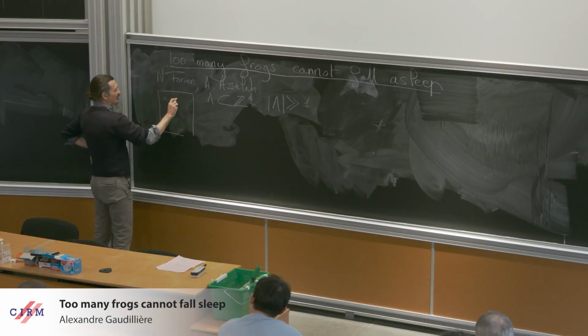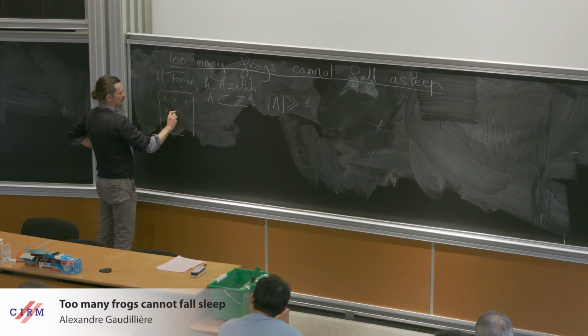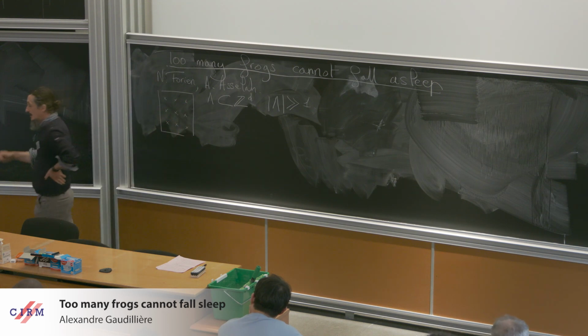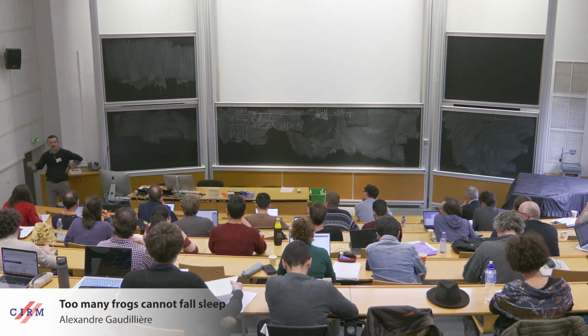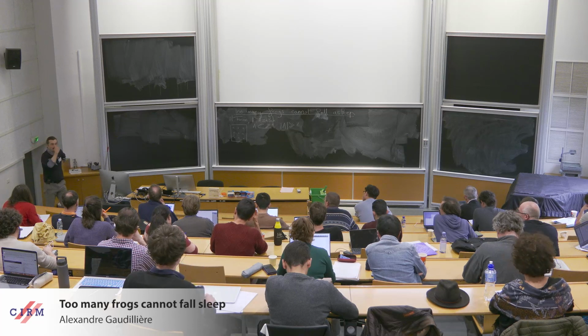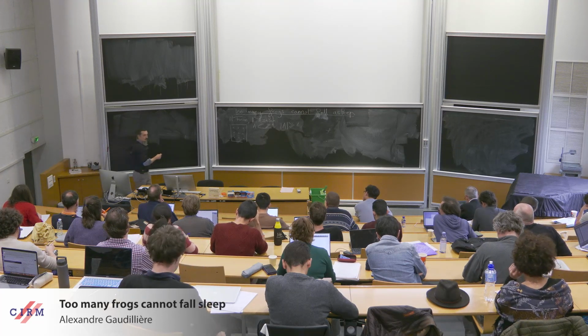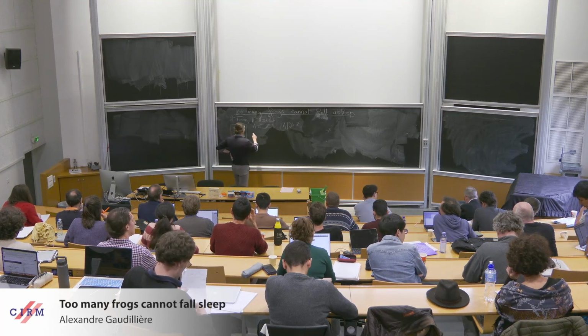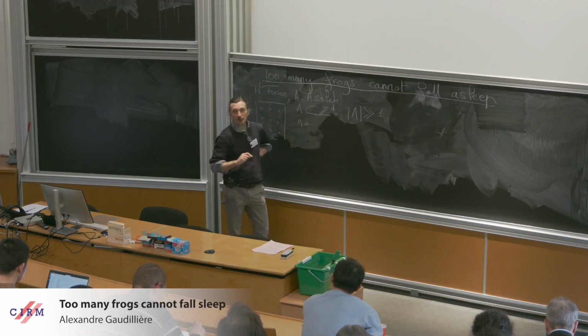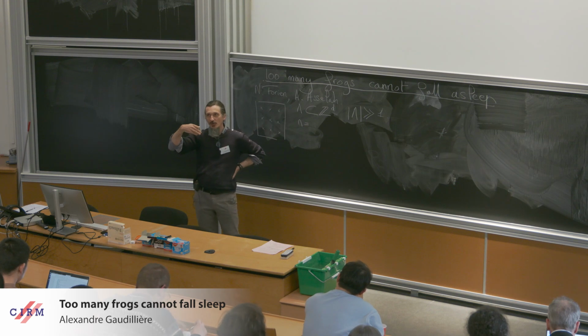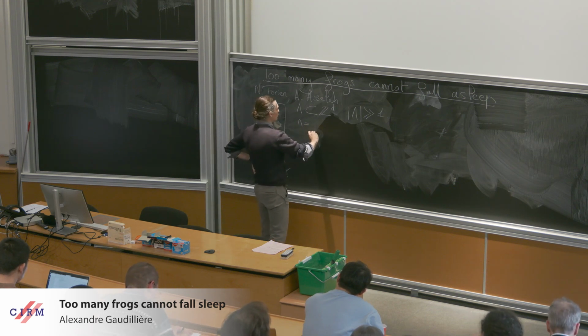So you have sides in this box, and you can think of these sites as lily pads, because I would put frogs in the box. I would put n frogs, and n will be a fraction of the volume of the box.